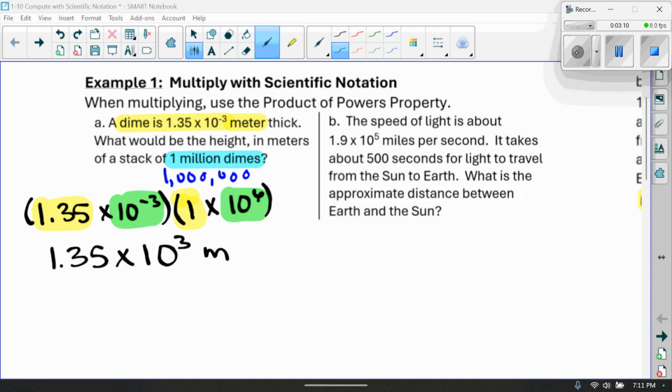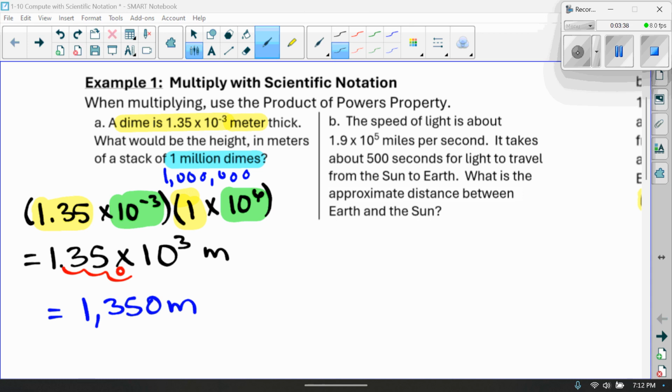Now, to put it in terms that you're familiar with, if I wanted to change this to standard form, we would just move the decimal 1, 2, 3 units to the right, annex a 0 there, and in standard form, that would be 1,350 meters. So a stack of 1 million dimes would be 1,350 meters tall.